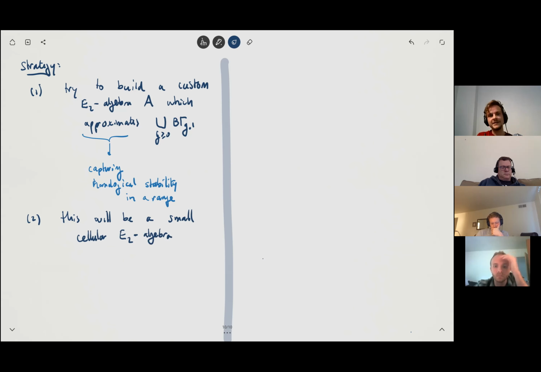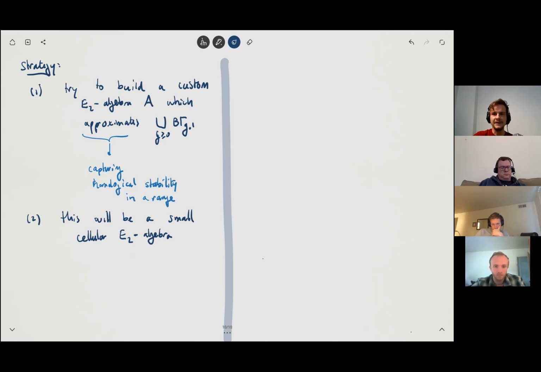So in spaces, if you want to build an approximation to a space, at least in a range, what you could do is try and build one by attaching a few cells together in a way that captures the homology. Attaching cells is just some push out of disks along spheres, and you can make sense of that also in the category of E2 algebras.